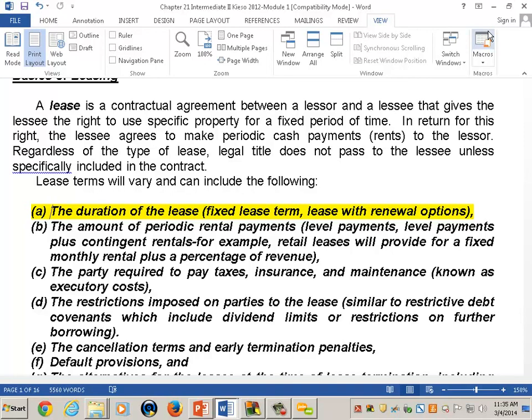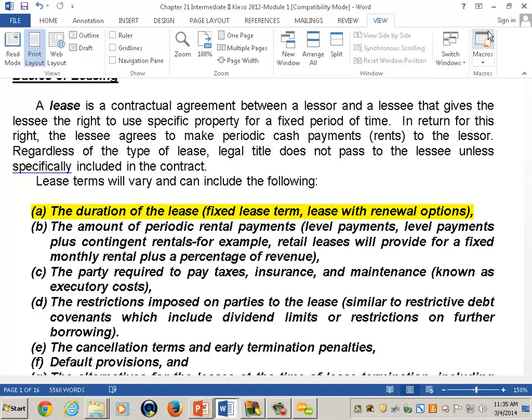Okay. Now, the key point, though, for the executory cost is that when we look at the valuation of the leased asset, the asset is typically equal to the present value of what we call minimum lease payments.